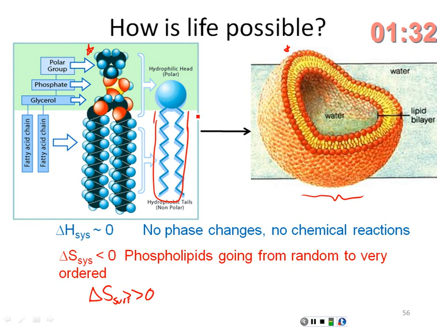So they're forced to interact with themselves. And you get what's known as a solvent cage. So there's a very ordered cage of water molecules around this hydrophobic tail. That is actually a very low entropy state for the water molecules because they're so ordered around that hydrophobic tail.